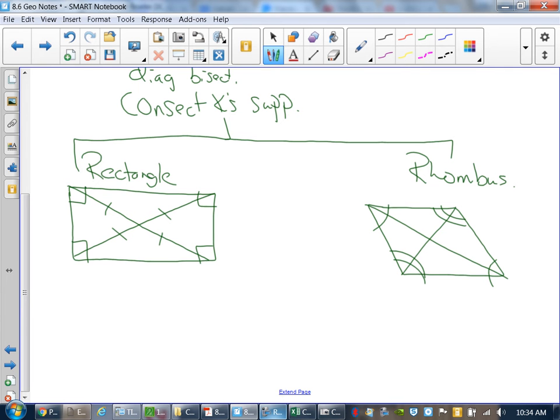Since we're talking about it, we might as well just finish that part out. We had the four congruent sides. That's what made the rhombus different.